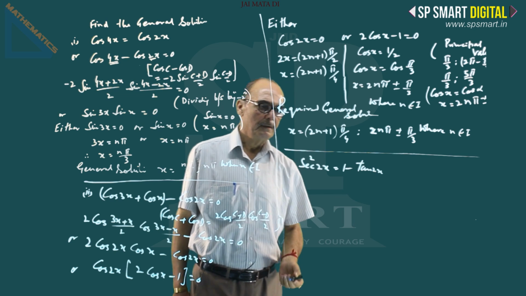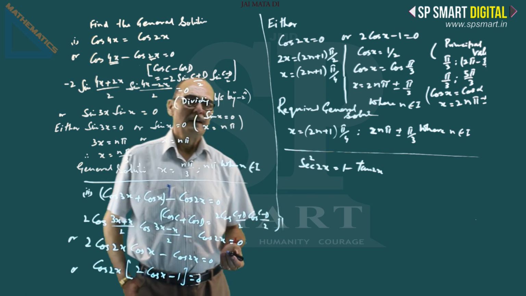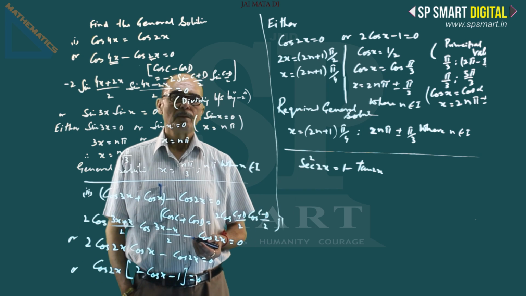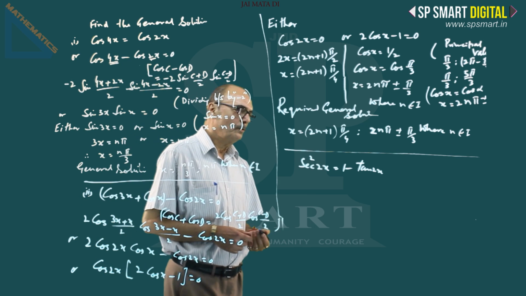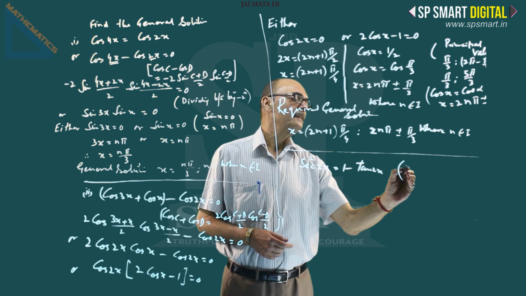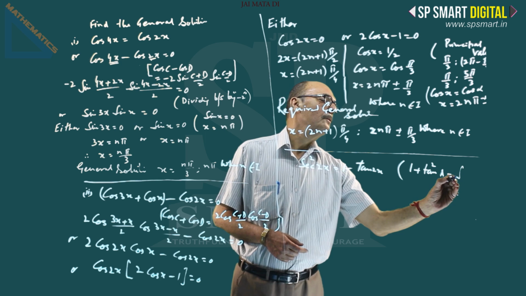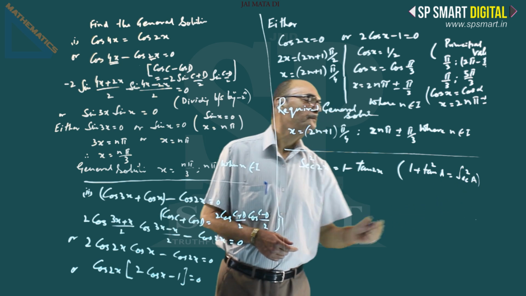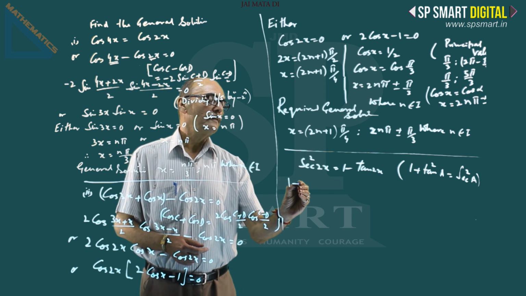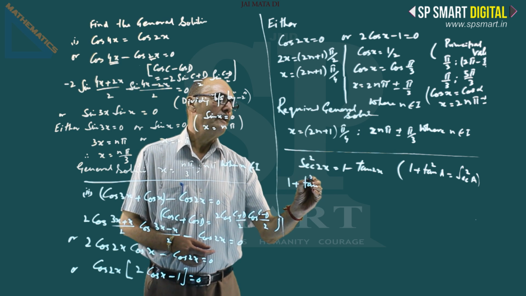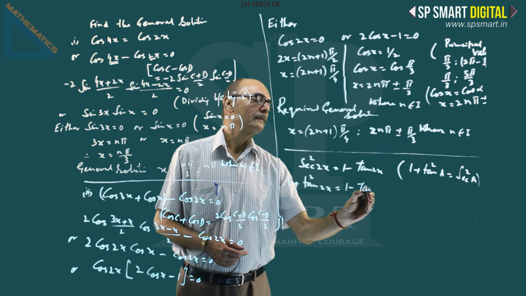Now, where we have this problem where secant square x and tan x are occurring, we convert this in terms of tan by using the formula, this is of class 10th, that 1 plus tan square A equal to secant square A. So, if it is secant square 2x, we will have 1 plus tan square 2x equal to 1 minus tan 2x.